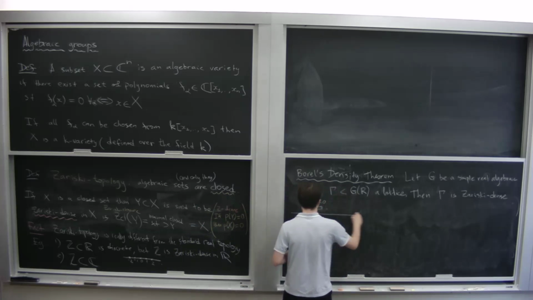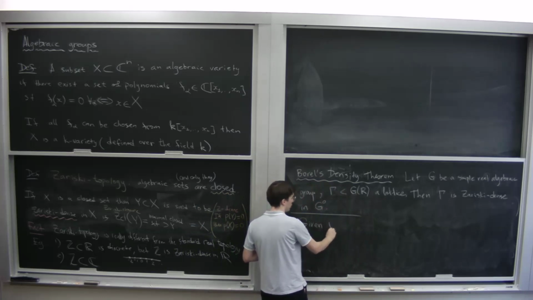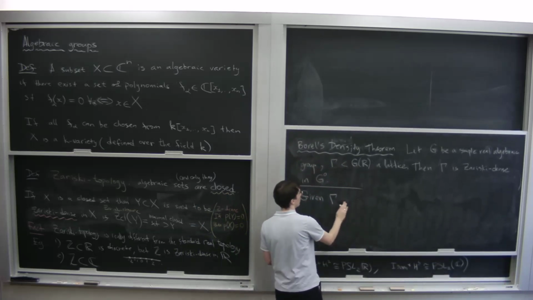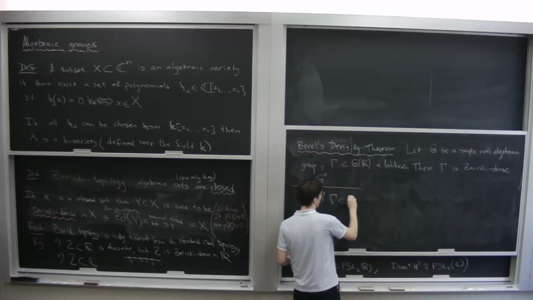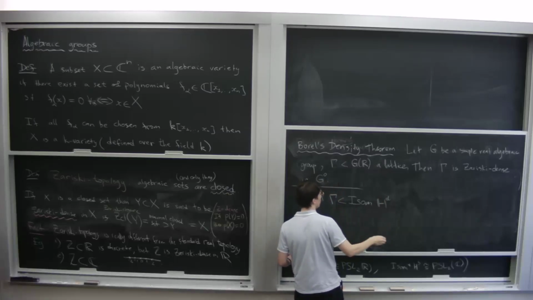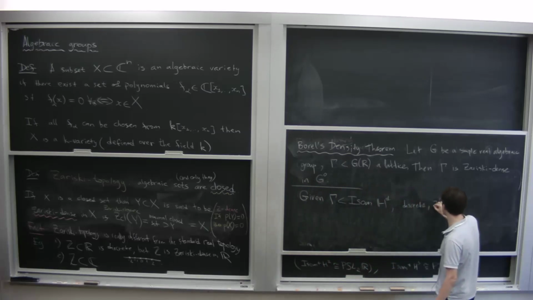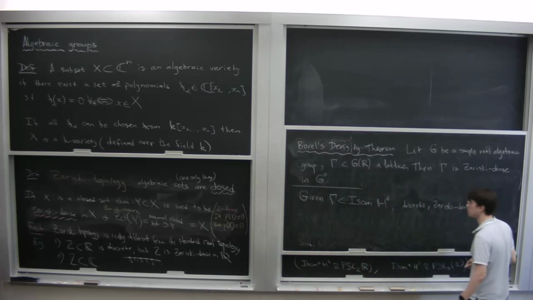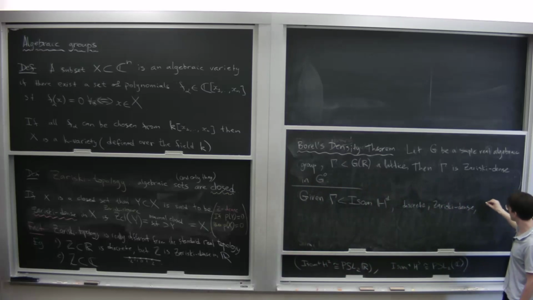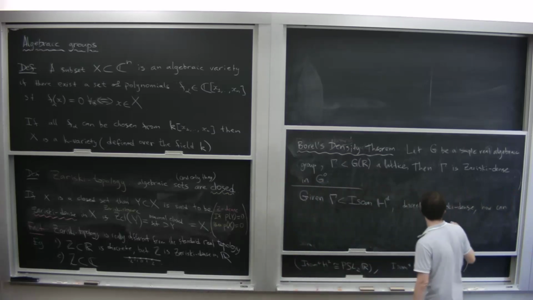So now the main question is: given a discrete gamma in Isom(H^d), Zariski dense, how can we detect this?